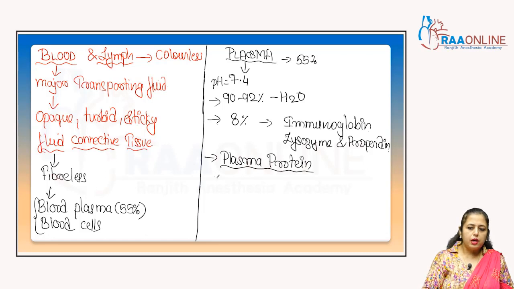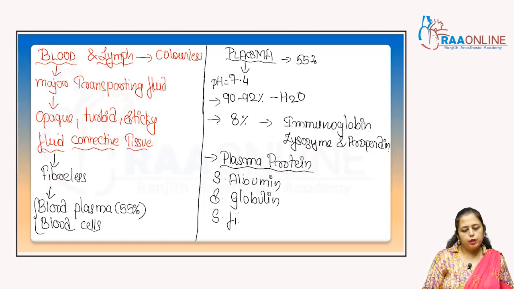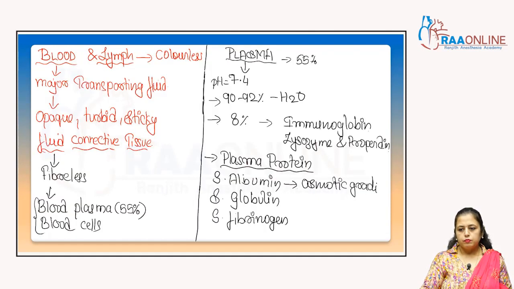These are serum albumin, serum globulin, and fibrinogen. Albumin helps to maintain the osmotic gradient. Globulin secretes the antibodies.